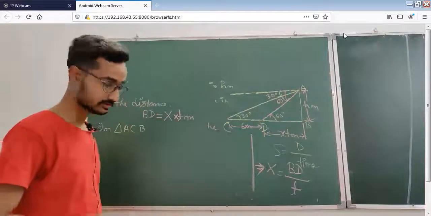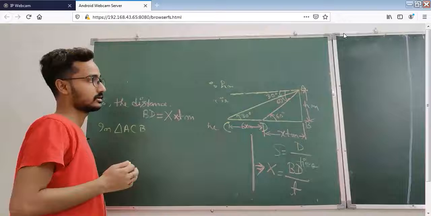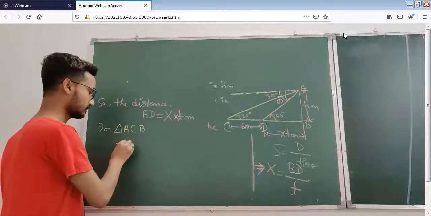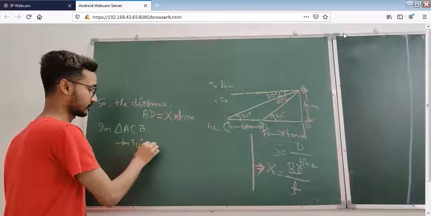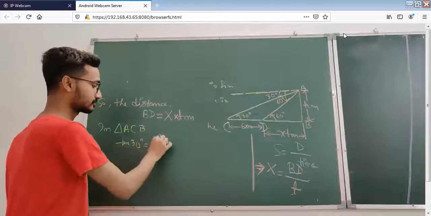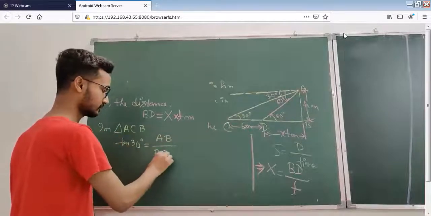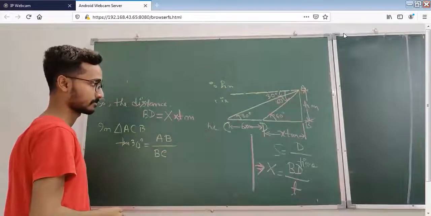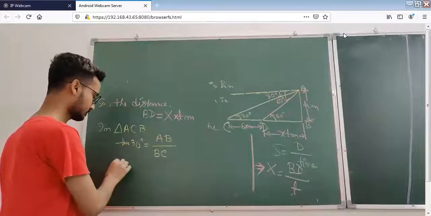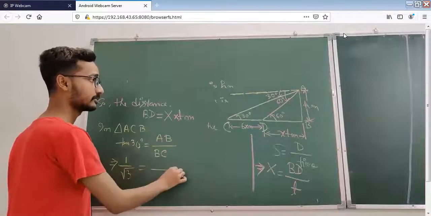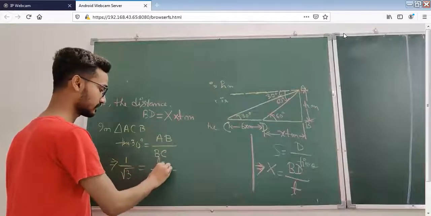And we know the trigonometric ratio for tan is perpendicular by base. So tan 30 degree will be AB by BC. What is the value of tan 30? 1 by root 3. What is the value of AB? Suppose h meter.